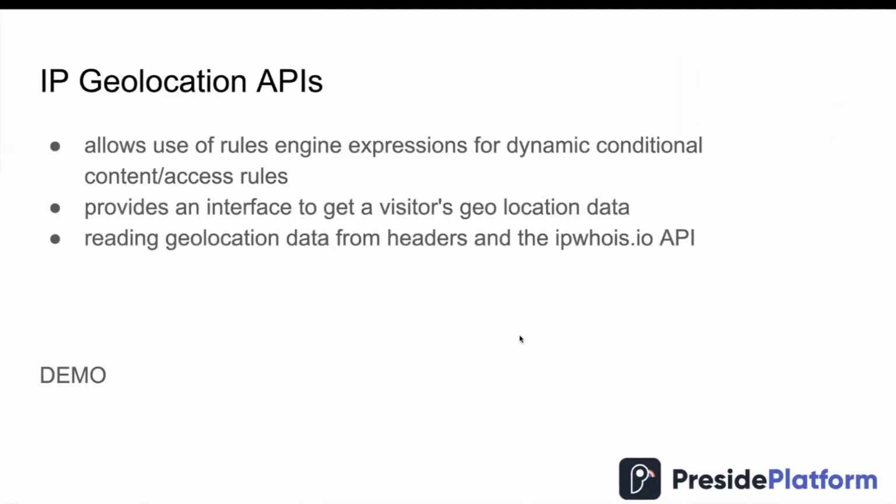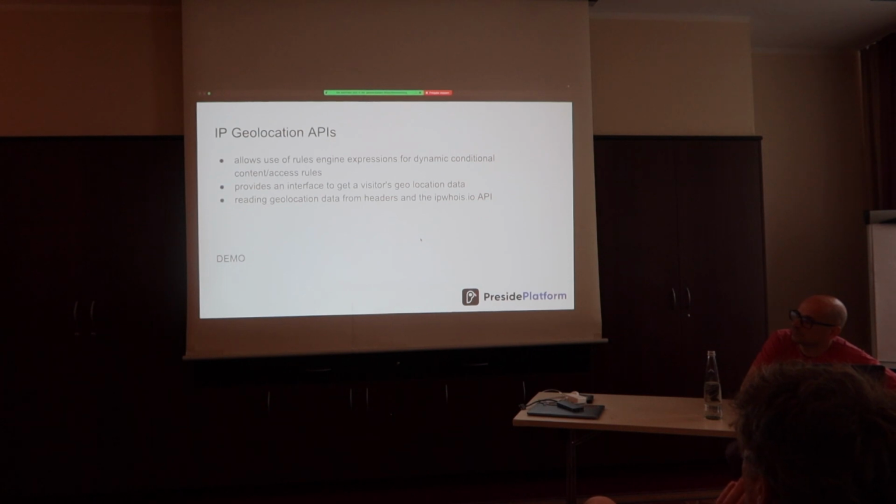Where am I here? It does two things. There are some headers from, for instance, Cloudflare. First of all, it tries to analyze these. I worked on this recently to add this stuff to do the headers. You basically want to avoid doing live API calls where possible.